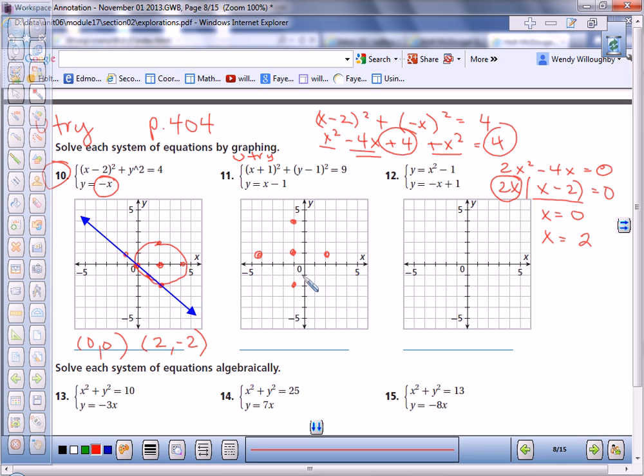All right, it should look like that. We can easily see the points 2, 1, and the point negative 1, negative 2. All right, so if we do it algebraically, we'd substitute that in for y. So we'd get x plus 1 squared, which didn't change, plus x minus 1 squared equals 9, because we plugged in an x minus 1 where y was.